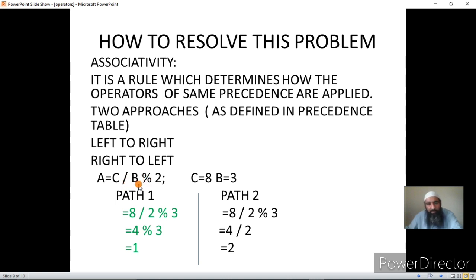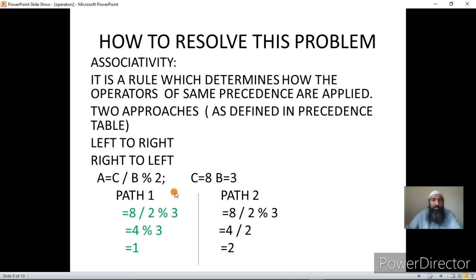So since these two operators have the same precedence, first division will be done, and after that mod will be operated upon. So by performing the operations the way associativity gives, the result will be 1, and any other result will never be computed. C will always evaluate this expression this way.